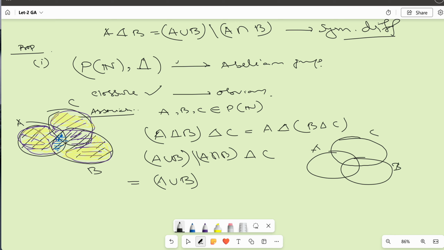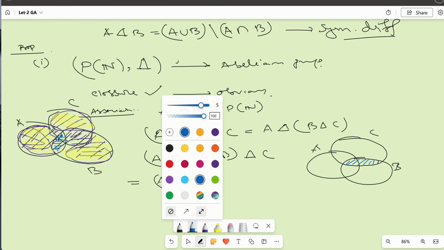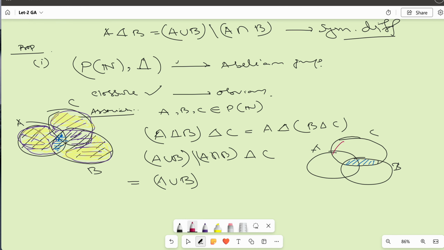So A symmetric difference B, then symmetric difference C. What is B symmetric difference C? That means B and C, and B intersection C is this, right? This is our B intersection C. So B union C will be this area. So B symmetric difference C will be the red area, right?